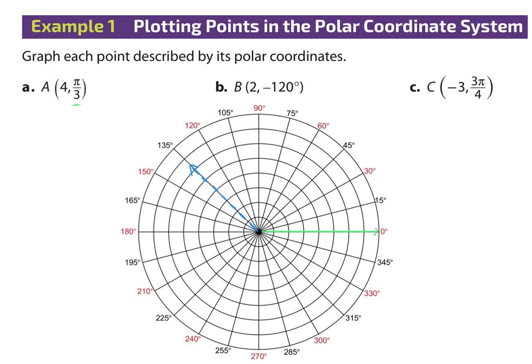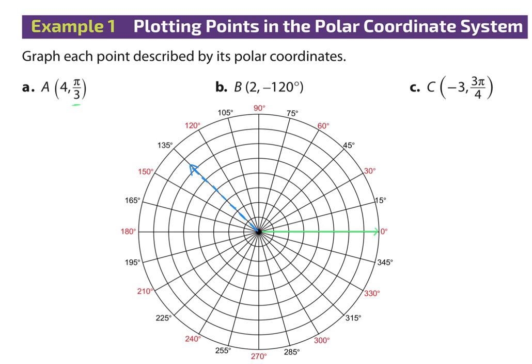But I have a negative R this time. So instead of going origin towards it, I'm going to go origin directly away from it, okay? So my negative is now going to move me away from my angle, not towards my angle. So I'm going to start at the origin, and I'm going to go 1, 2, 3 in the opposite direction.